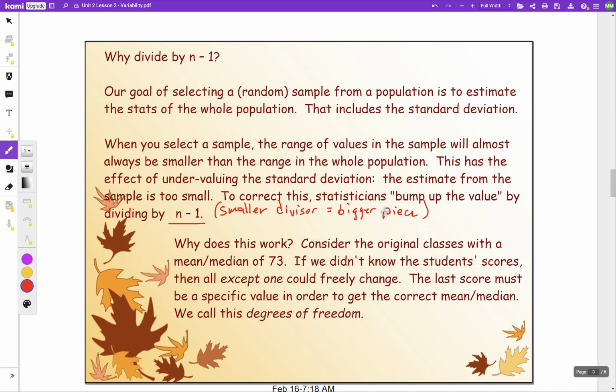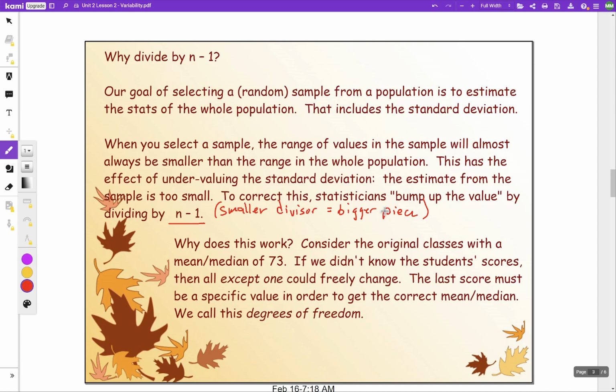And it turns out that dividing by n minus 1 increases the sample just enough to be pretty good at estimating the population standard deviation. So that's why we do it.